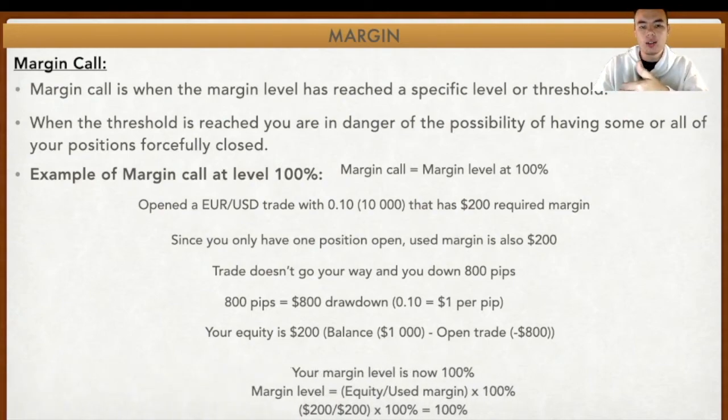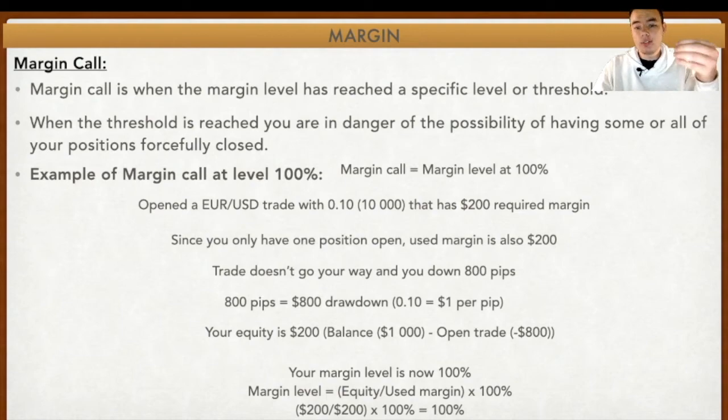That's your equity now. Your margin level is now 100%. How? Equity divided by used margin times 100%. 200 divided by 200, because now your equity, because of that loss, is 200, divided by your used margin, which was 200, times 100% equals 100%.